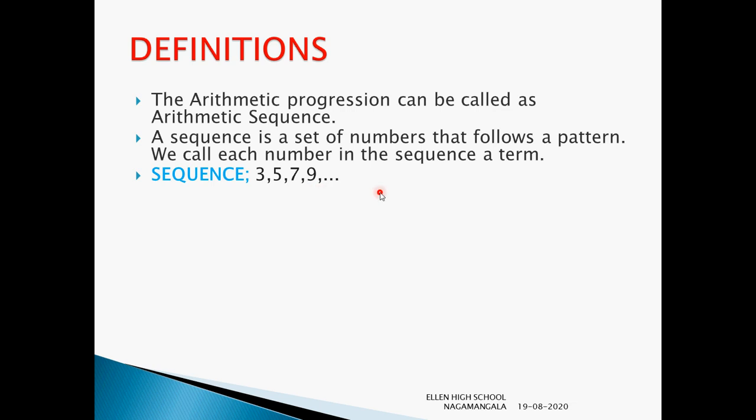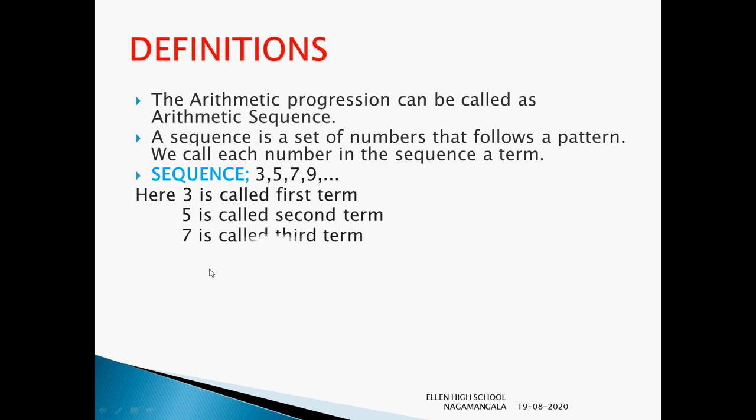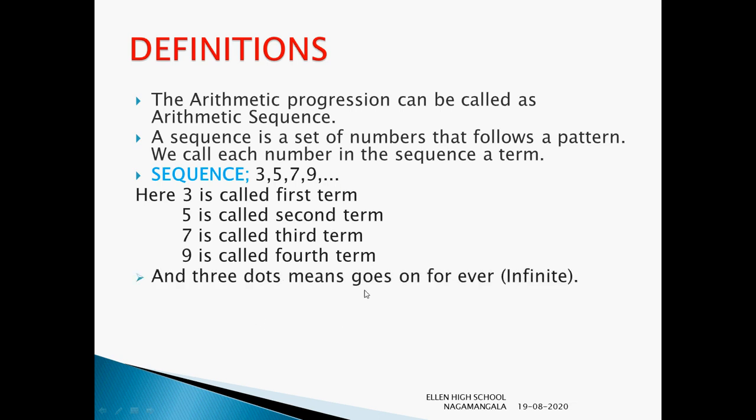This is a series, also called a sequence. In this sequence, 3 is the first term, 5 is the second term, 7 is the third term, and 9 is the fourth term. The 3 dots mean the numbers go on forever. You can write so many numbers like this.